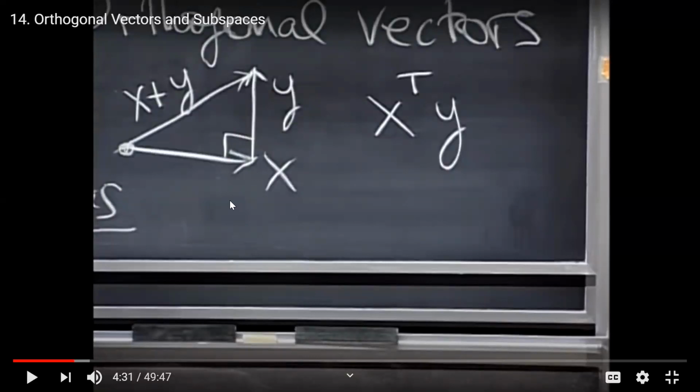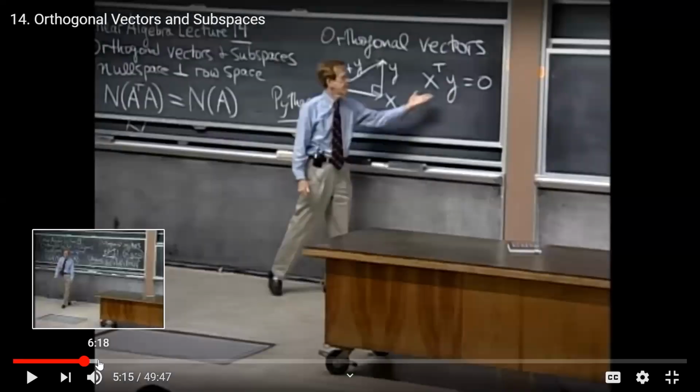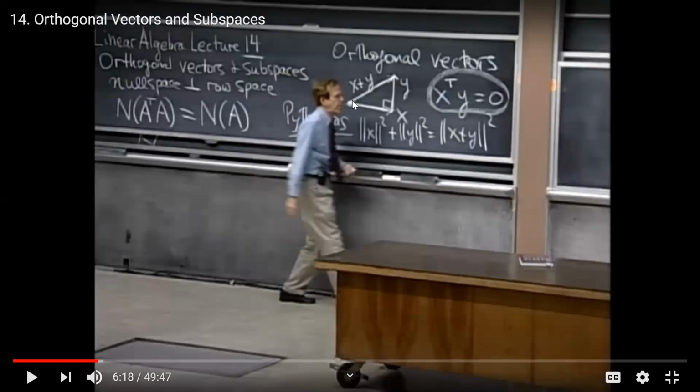The Pythagoras theorem basically says, and I will just quote Gilbert Strang, that if you have a right angle triangle where you have one vector x and then there is another orthogonal vector y, and then we have a resultant vector x plus y which goes from tail to head.